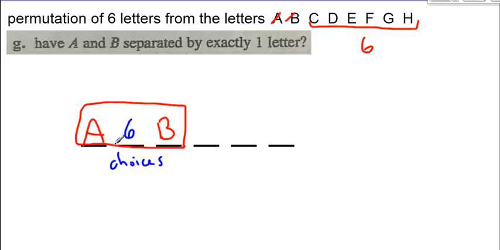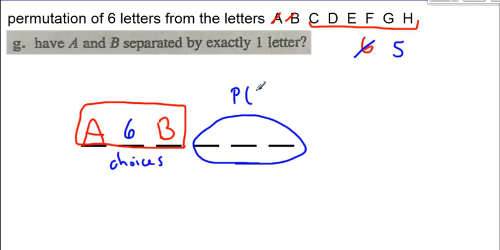So that's the first thing, is to think about how many different ways could I form this A something B triple word. Once I've made that decision, I've used up one of these letters, so I'm down to 5 to fill these 3 other spaces. So these 3 other spaces will be filled using a permutation of the 5 remaining letters into 3 positions. So far I've made a choice between 6 things, and then I've done P53 to fill these.